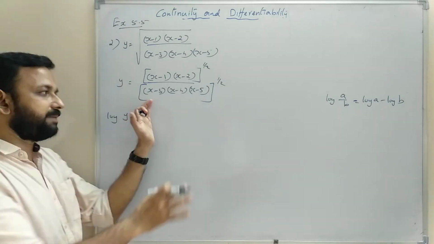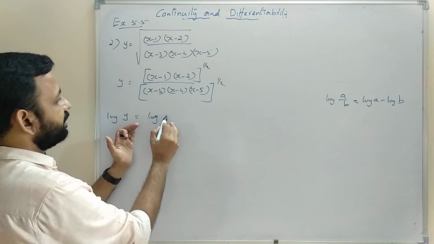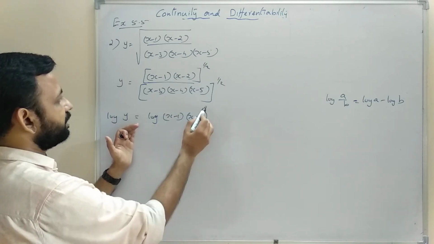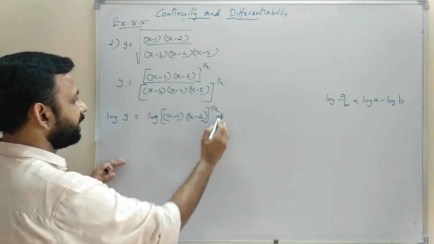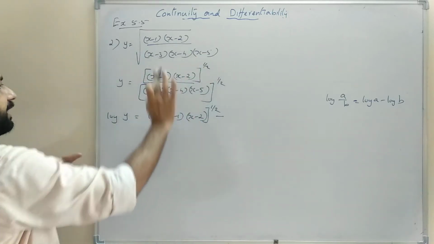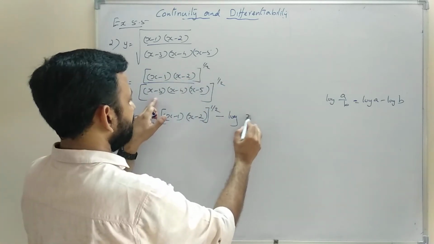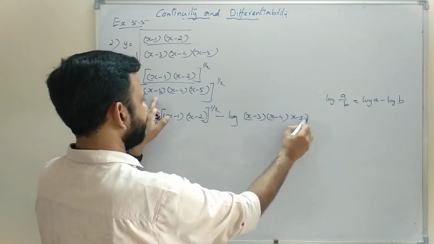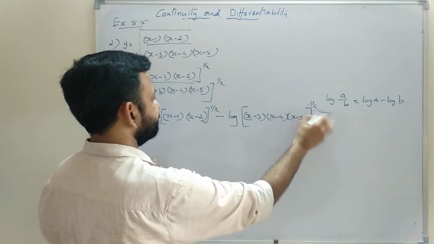So log A by B is log A minus log B. That is log of x minus 1 into x minus 2, raised to the power 1 by 2, minus the logarithm of the denominator, log of x minus 3 into x minus 4 into x minus 5, then raised to the power 1 by 2.